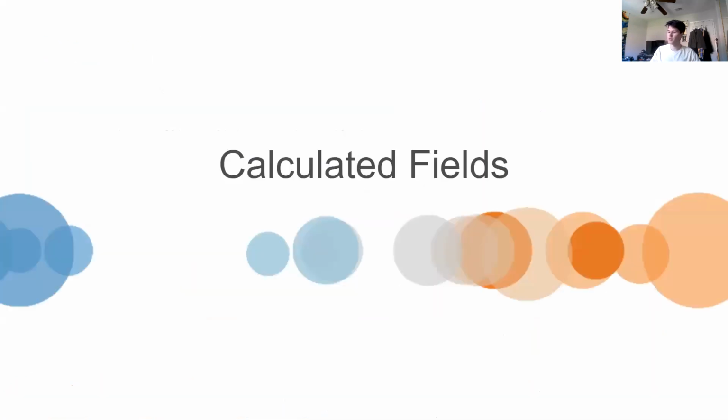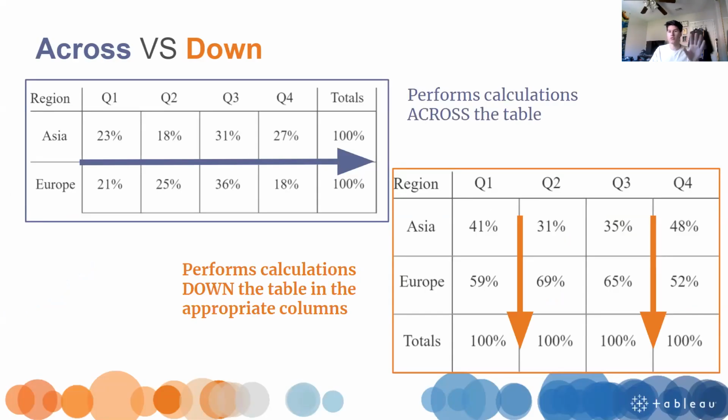So for calculated fields, this is going to be where you get to create new fields and manipulate your data in a certain way and create essentially new dimensions and measures. So I do want to reiterate, for table across and table down, you are not creating new data. You're changing the way it is being represented or visualized within your sheet.